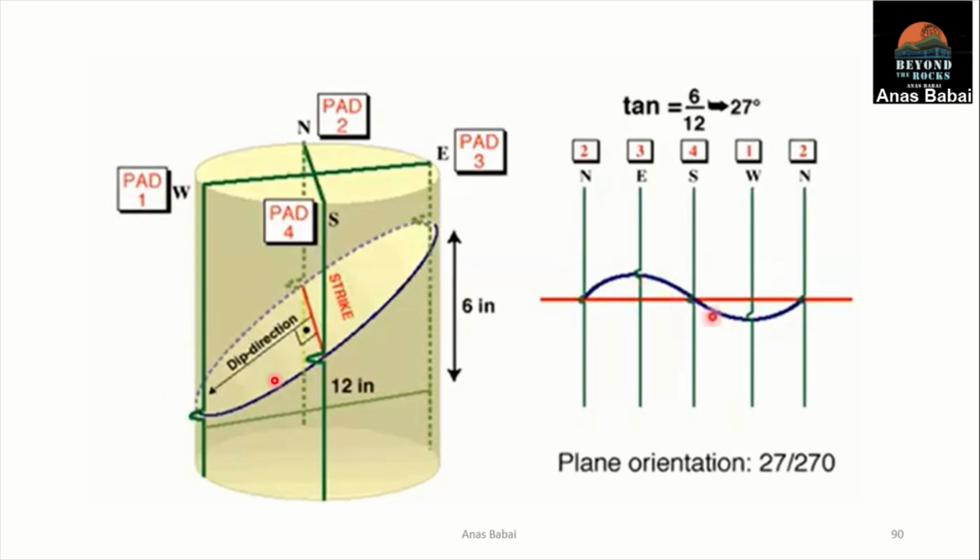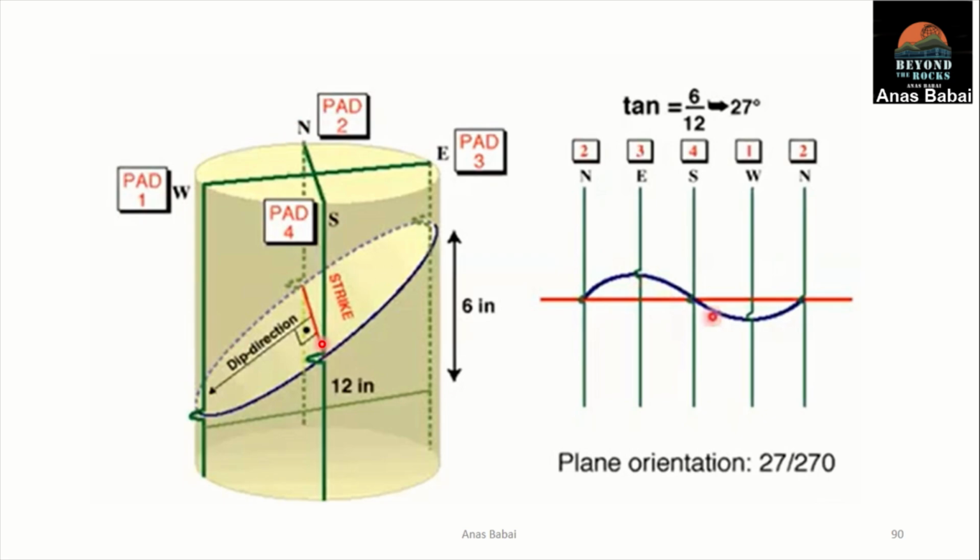So the dipping angle for this horizon or the formation is 27 degrees, and we know that each pad is actually pointed in a specific direction, so we can also get the strike and dip direction.